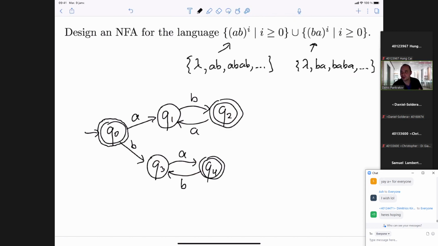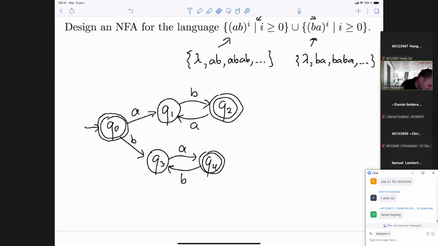Another way to solve this question would be to design an NFA for the first language in the union, design an NFA for the second language in the union, and then create a new initial state and have a lambda transition. So that's also a valid approach.